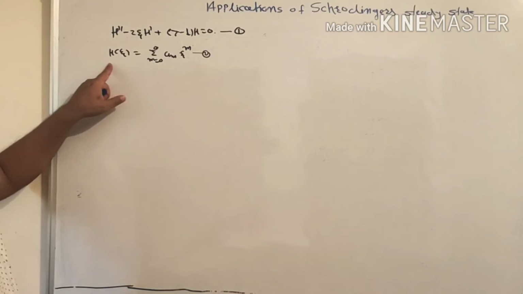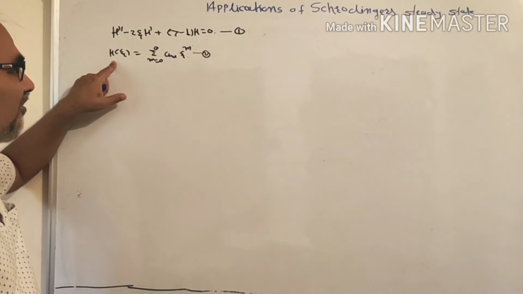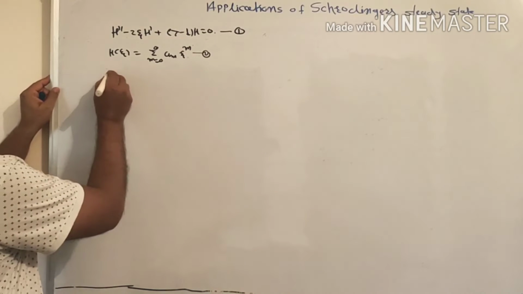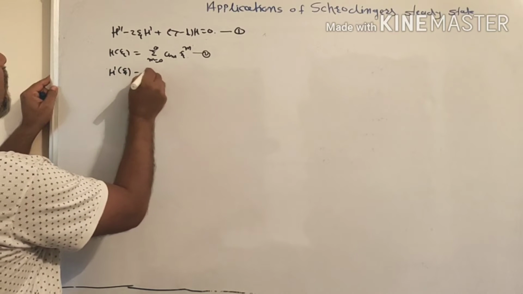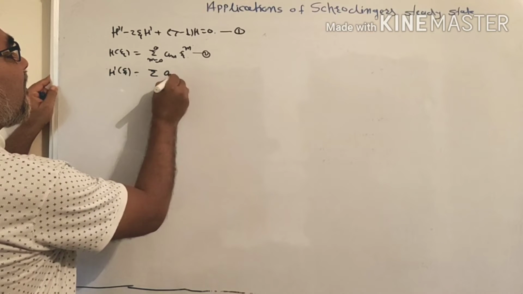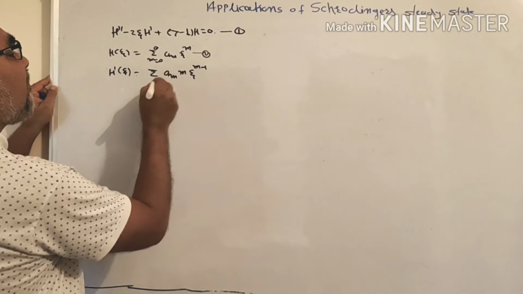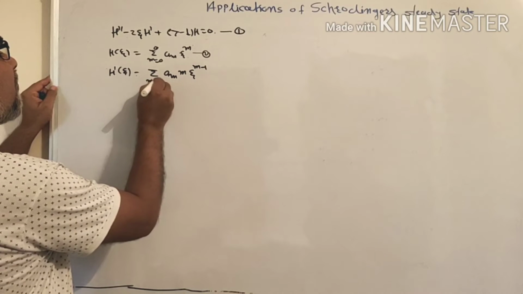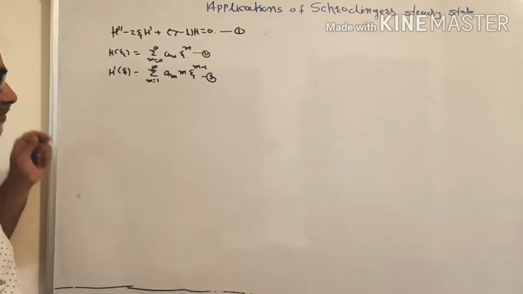Now differentiate this with respect to zeta so that it becomes h dash, and we can now write h dash of zeta is equal to summation a_m m zeta raised to m minus 1, where m goes from 1 to infinity. So this is the third one.